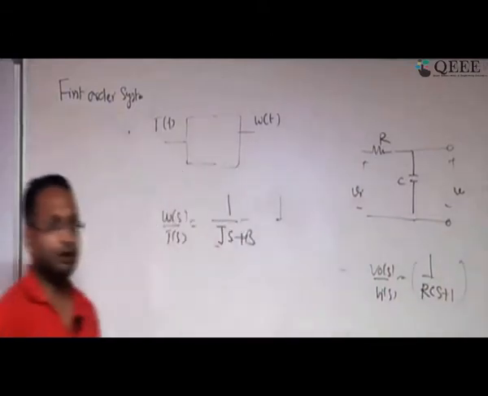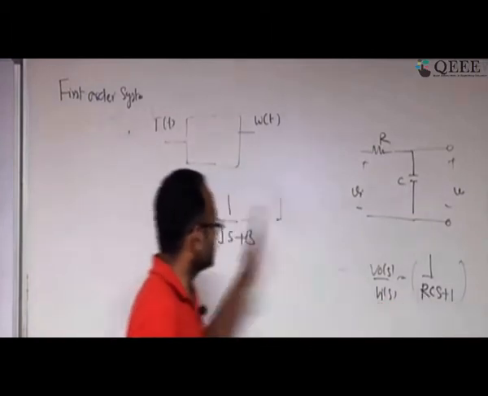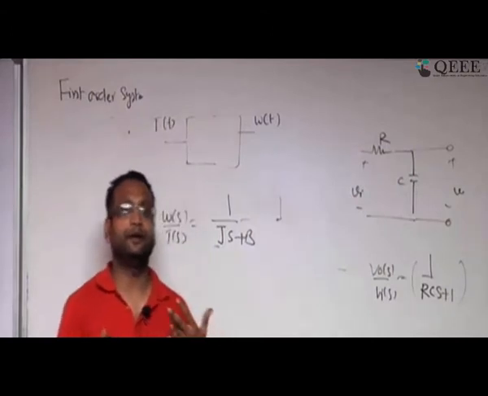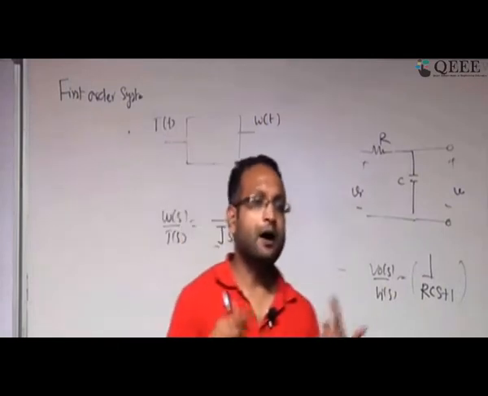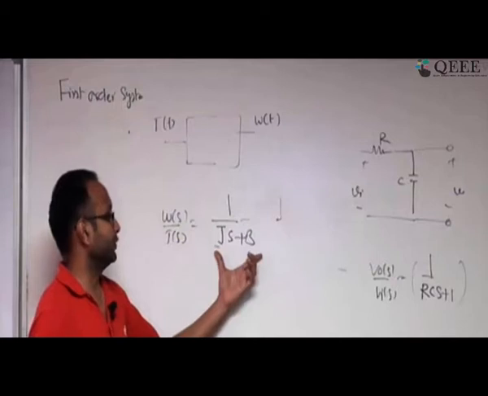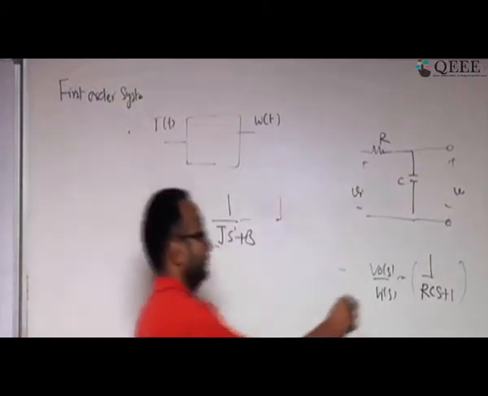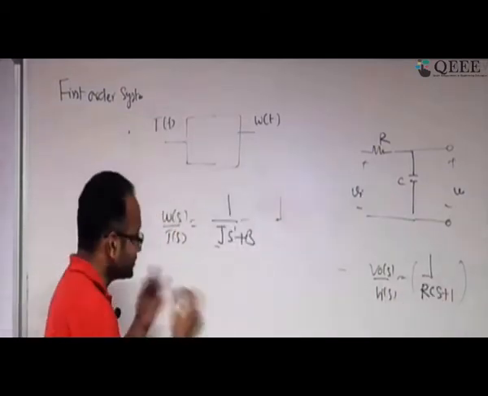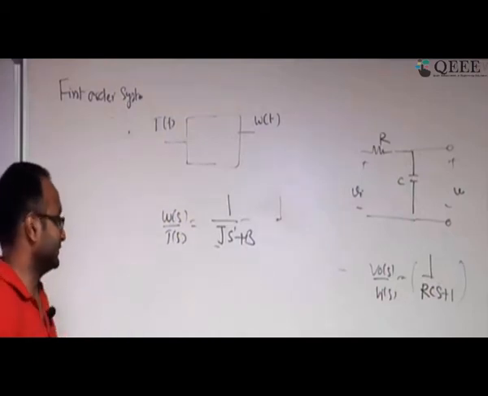Okay, all of you have studied that in your fundamental electrical courses. So my objective is to explain that your physical system could be mechanical, electrical, or hydraulic. As long as the transfer function has the form 1 by s plus b, where the maximum power is 1, I call it a first order system. Initially I want to analyze the behavior of the first order system.